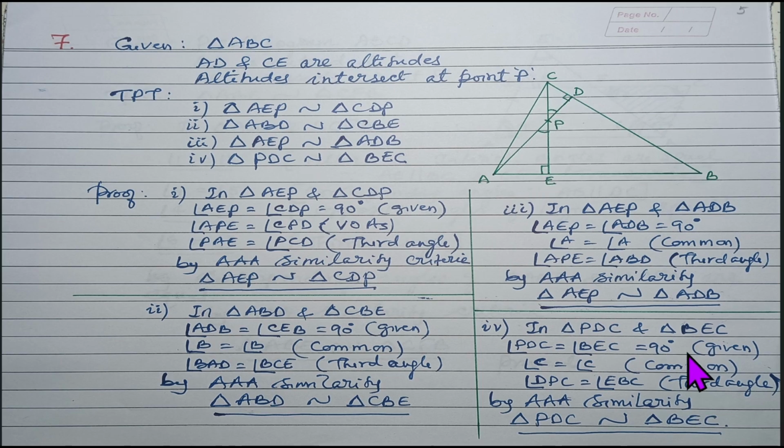And DPC, this small angle here, is equal to EBC, the third angle. So three angles of triangle PDC and BEC are correspondingly equal, and therefore by AAA similarity triangle PDC is similar to triangle BEC. So all these examples are based on AAA similarity, so please understand and learn them.